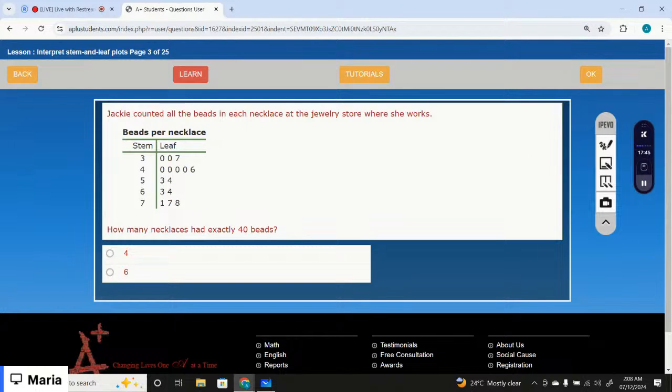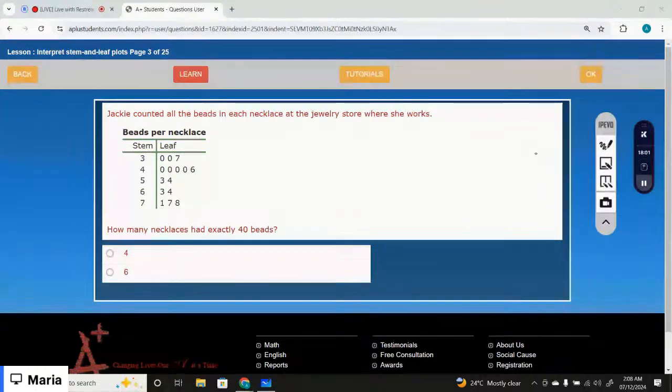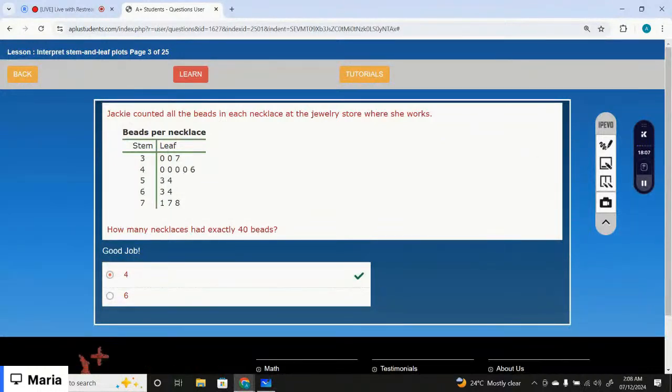So you have to count how many times you can see 40 here. 1, 2, 3, 4 times. So that means 4 necklaces have exactly 40 beads. The correct option is option number 1, that is 4.